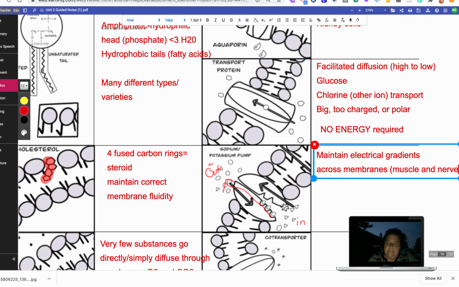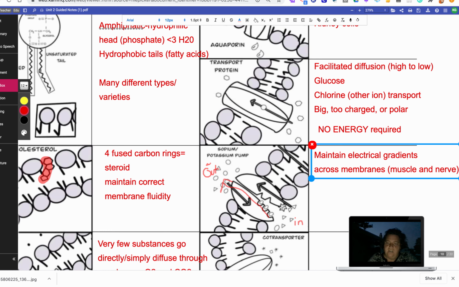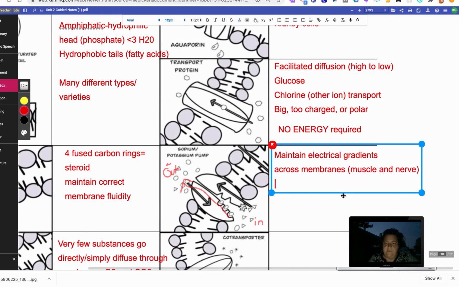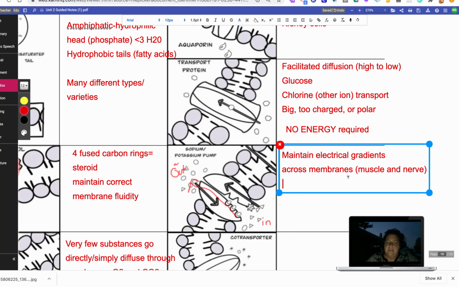We'll get into more details in another section. It's used in a lot of cell types, but muscles and nerves especially, and that's going to help keep impulses, whether those are muscle or nerves, moving.